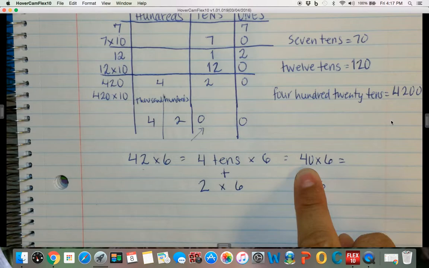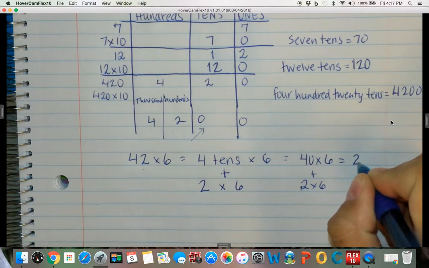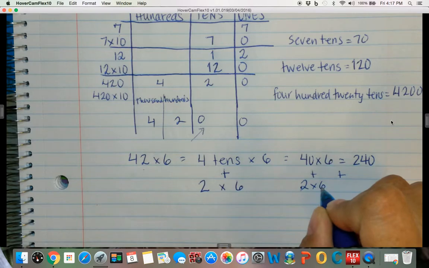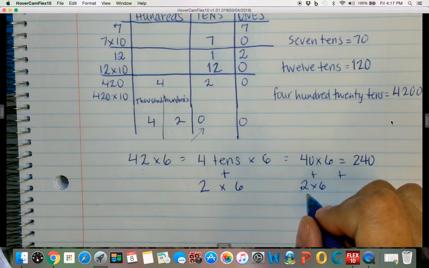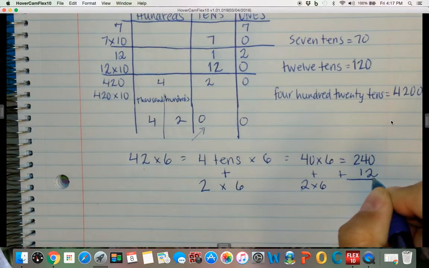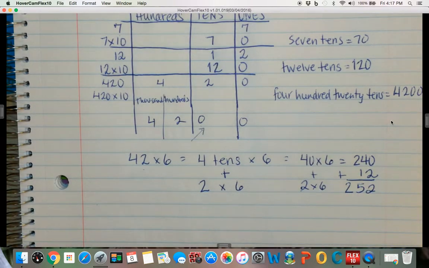I've got 6 groups of 40 plus 6 times 2. When I add those together, I get 252. So just a different way to look at math.